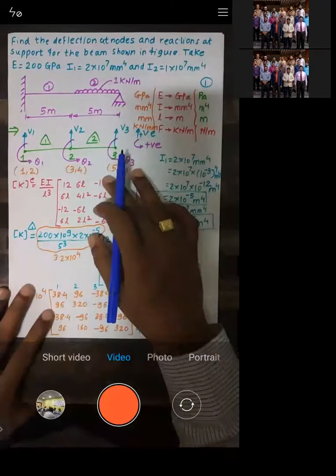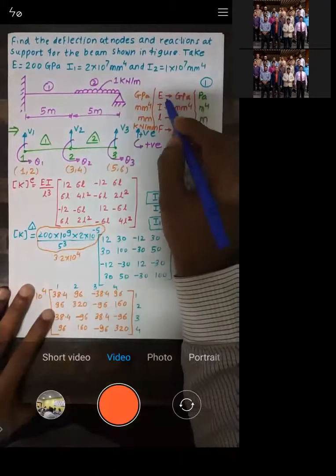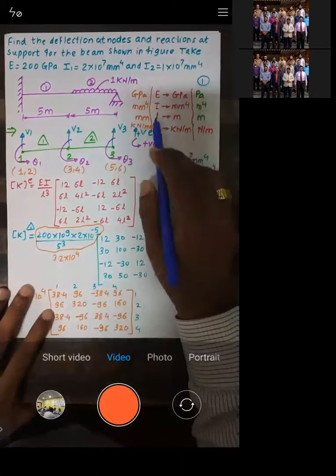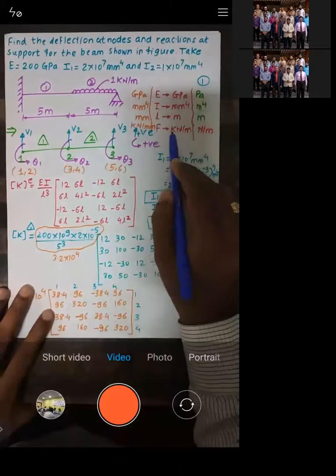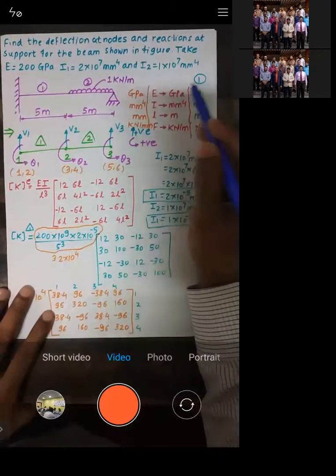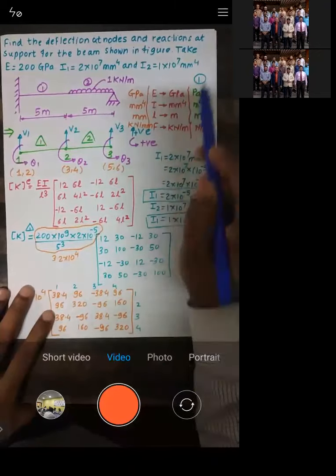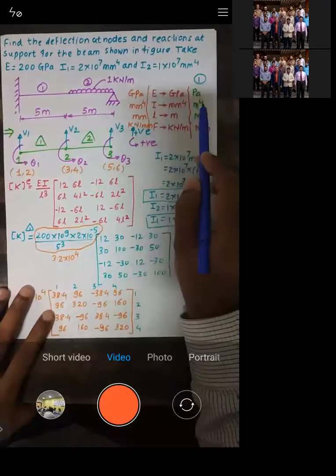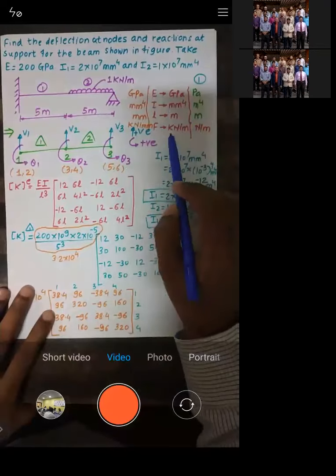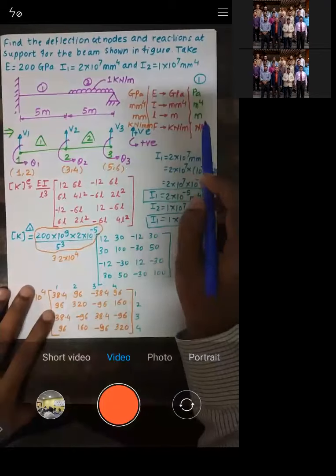In order to start, we checked the units. E was given in gigapascal, I in mm raised to power 4, length in meter, and force in kilonewton per meter. In this case, we can convert gigapascal into pascal, mm raised to power 4 into meter raised to power 4, keep meter the same, and convert kilonewton per meter into newton per meter.